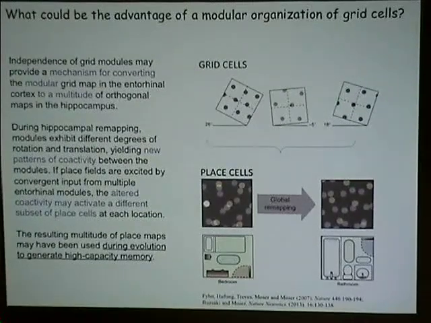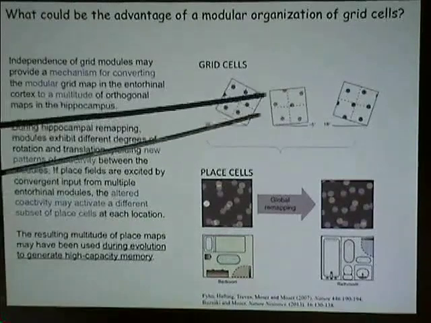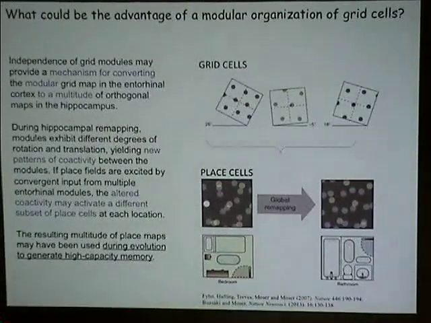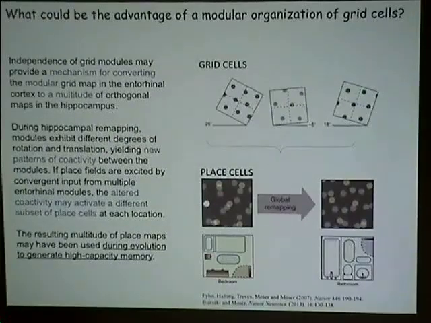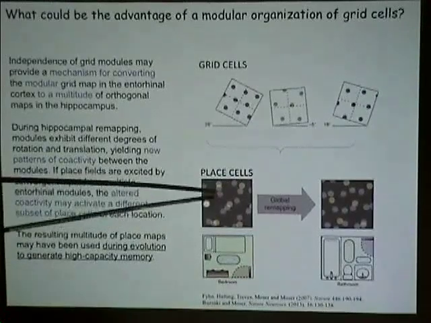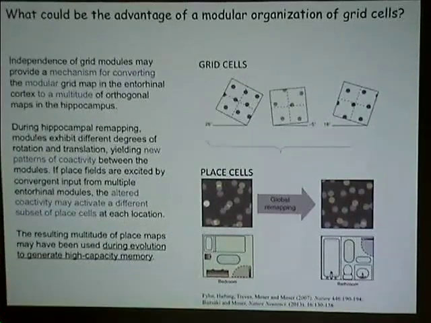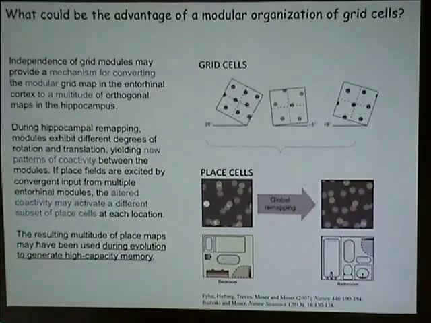And the point is that if they do their independent things, then you have a way to generate different combinations of activity onto place cells in the hippocampus, which is a way that you can get many different patterns of activity, and this could then give rise to rate mapping, which is of course extremely useful for any system that wants to store large amounts of memory.